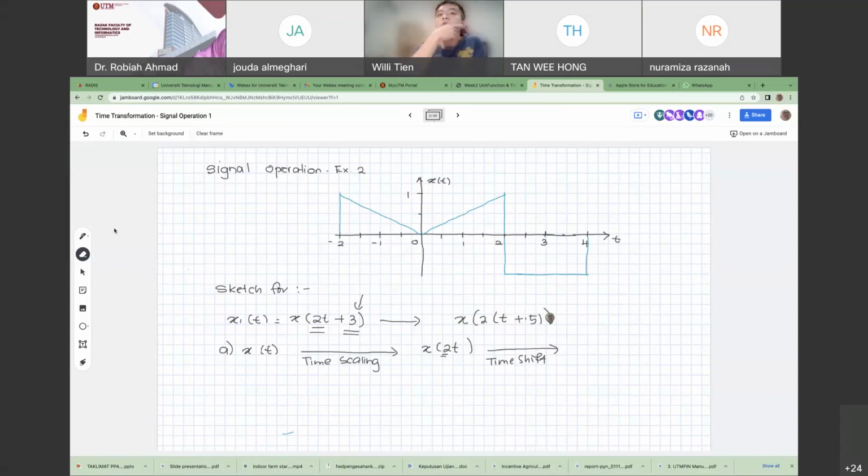Okay, so it will be shifting to the left by time shift left 1.5 seconds. So X(2t plus 3).